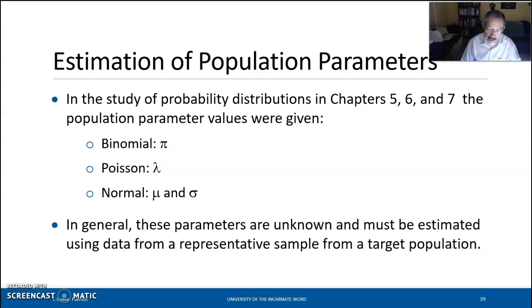And as we saw in chapter 1, that sometimes is too time-consuming, too expensive, or just impossible. So we're going to rely on a sample, and the statistics we calculate from that data, to estimate these parameters that in practice are not known.